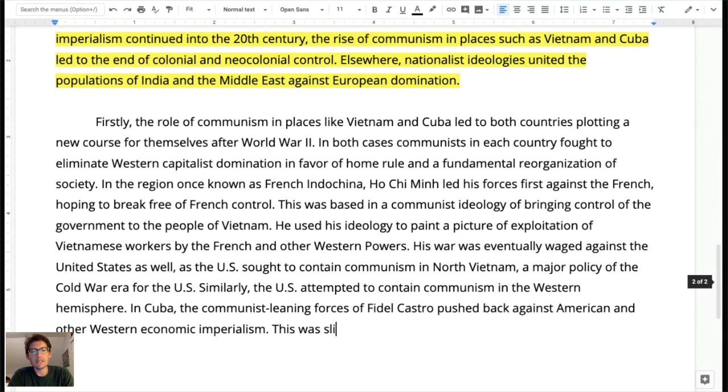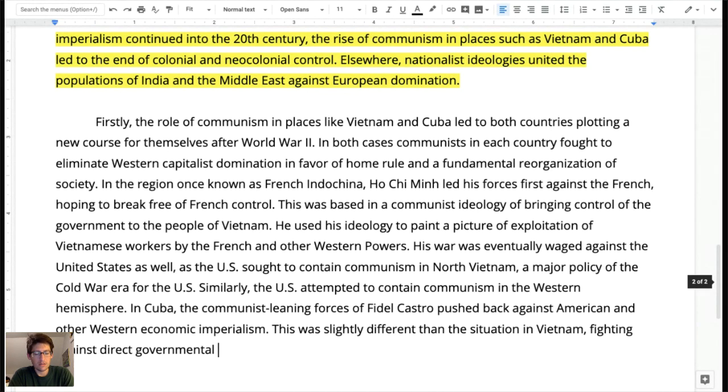This was slightly different, thinking about nuance here, than the situation in Vietnam, fighting against direct governmental control.